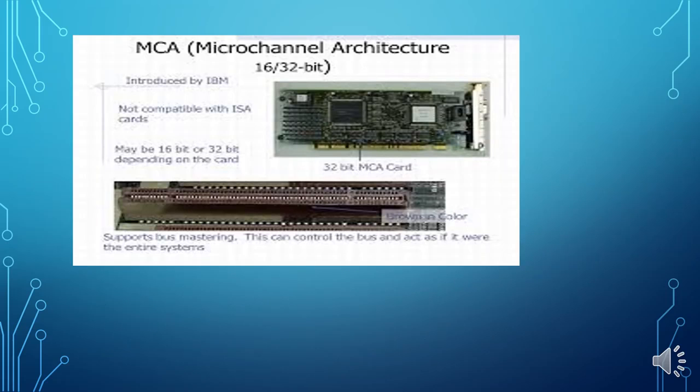Now you can see an example, or you can say a card, of MCA. This is a slot and this is the circuit behind the slot. It is not compatible with ISA cards and it supports bus mastering, which we already discussed.